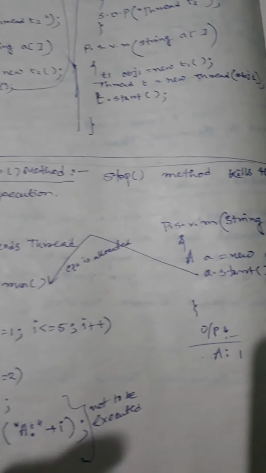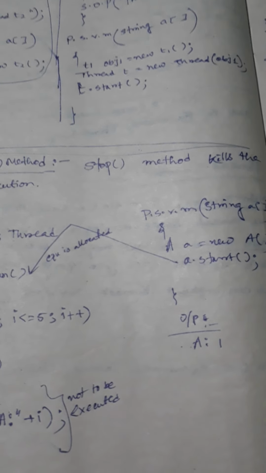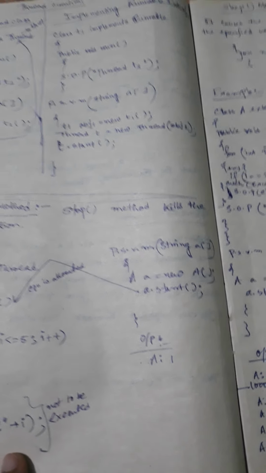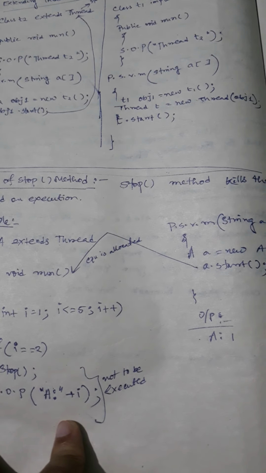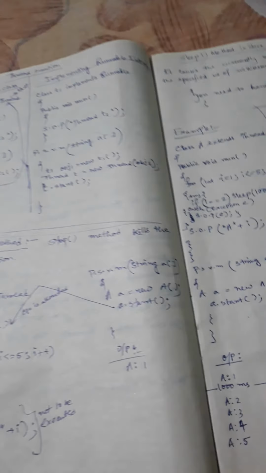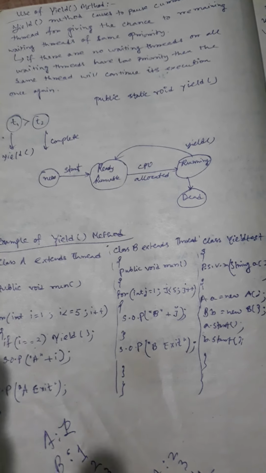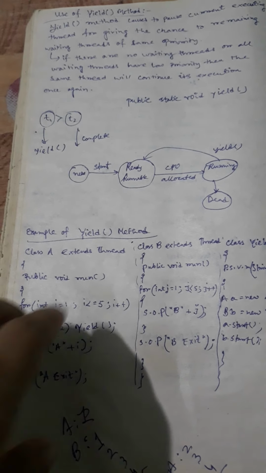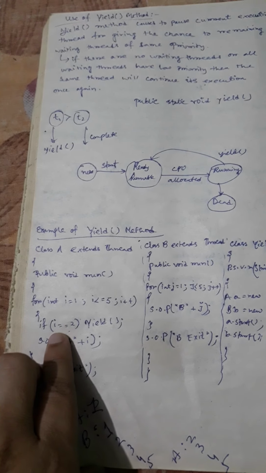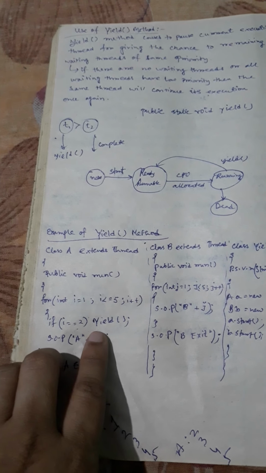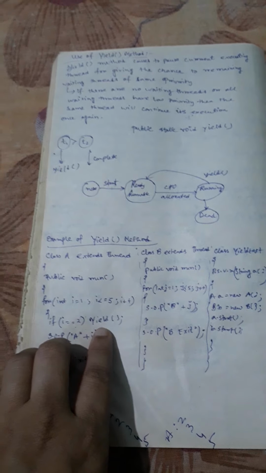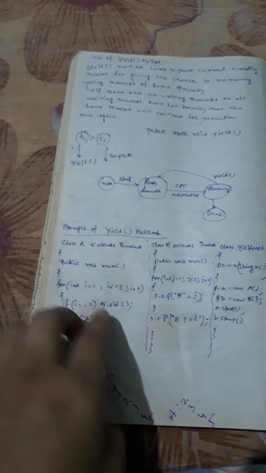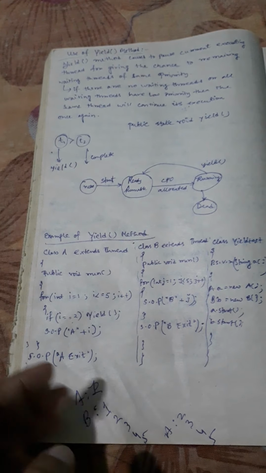Next is the yield method. Yield basically causes the currently executing thread to pause, giving a chance to the remaining waiting threads of the same priority. When two threads are executing in parallel and in one thread the condition is i equals 2, and after the condition yield is written, at that time it will switch to the other thread.